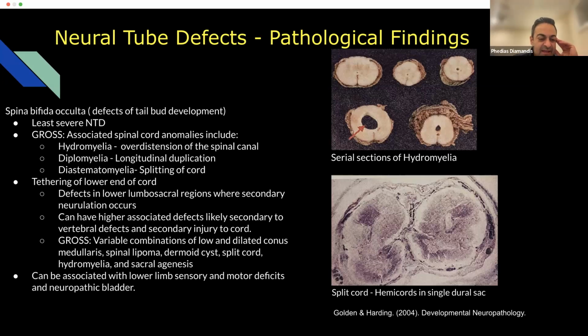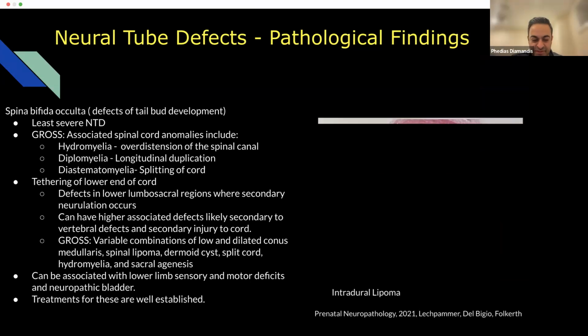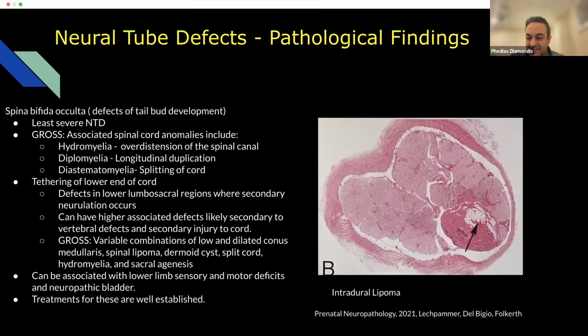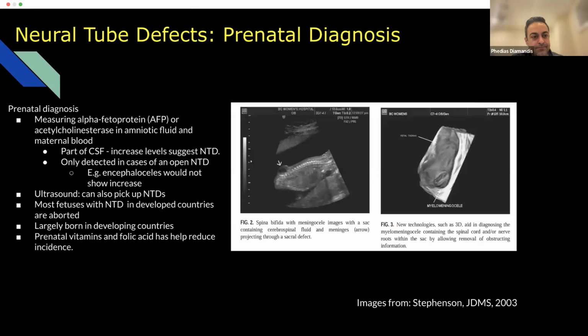And again, can be associated with some lower limb sensory and motor deficits and neurogenic bladder, but can also be completely asymptomatic. And there's different treatments depending on which of these defects you may have. Here's a nice example of intradural lipoma. Again, incomplete differentiation, aberrant differentiation of these progenitors in this lower spine.